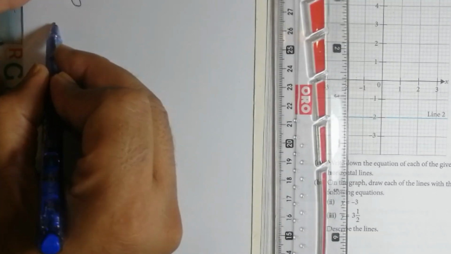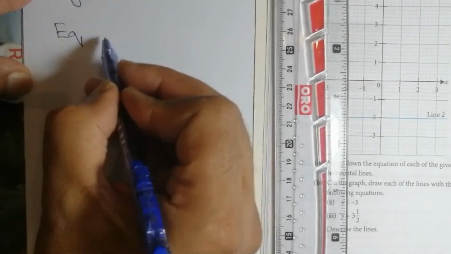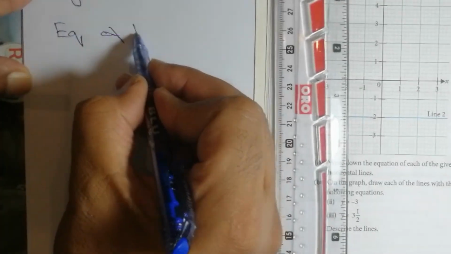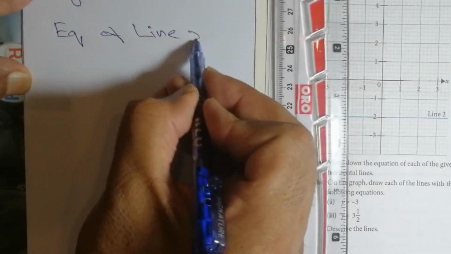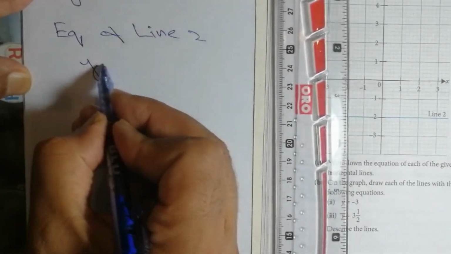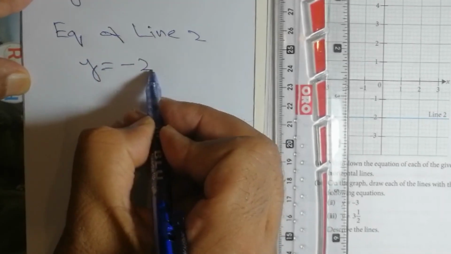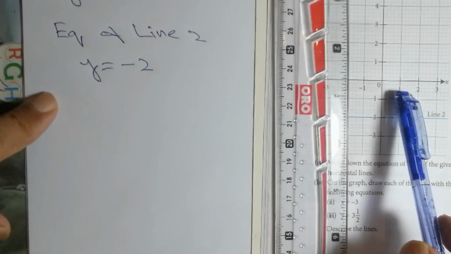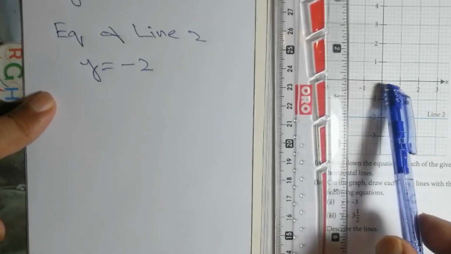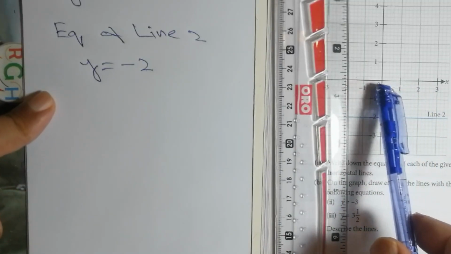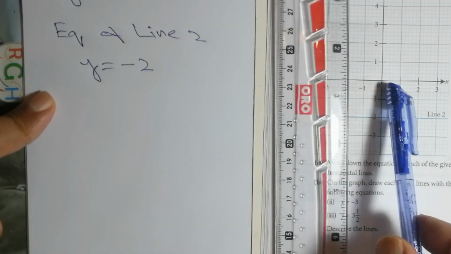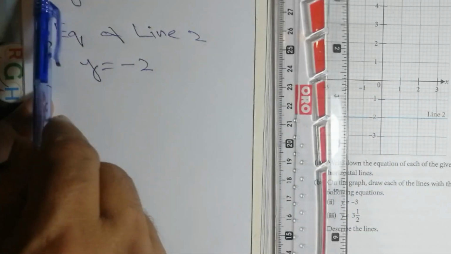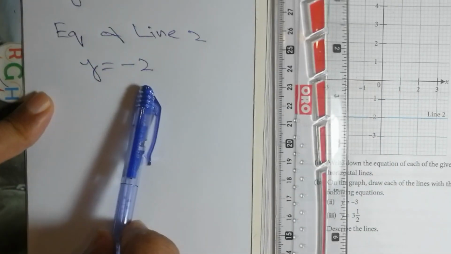So the equation of line 2 is y equal to minus 2. As already explained, the equation of the x-axis is y equal to 0. So for the x-axis or any line parallel to the x-axis, its equation will be in y, as we can see: y equal to 6, y equal to minus 2.